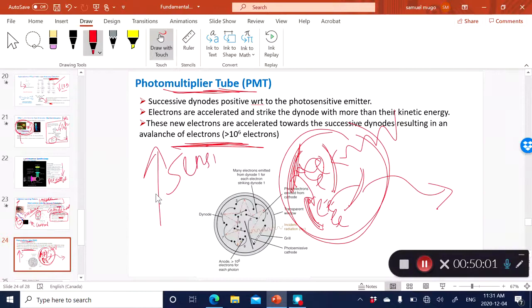Meaning from just a very small amount of light, I can amplify the current that is generated, because of these multiple secondary impacts that are happening in the secondary dynodes. So take note of how the photomultiplier tube works, which is simply a phototube, and I've got multiple phototubes.